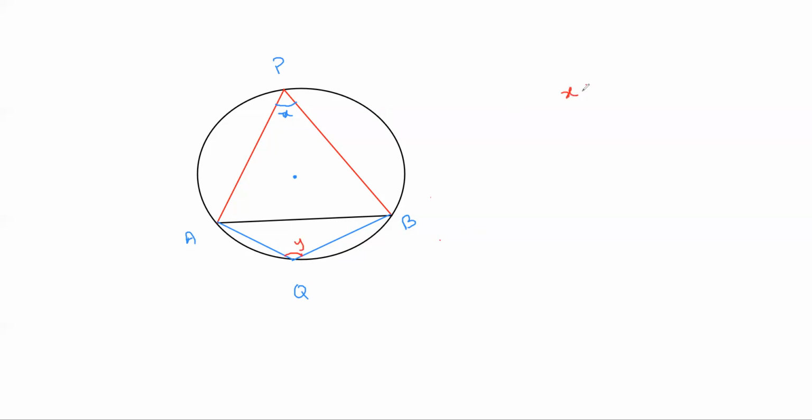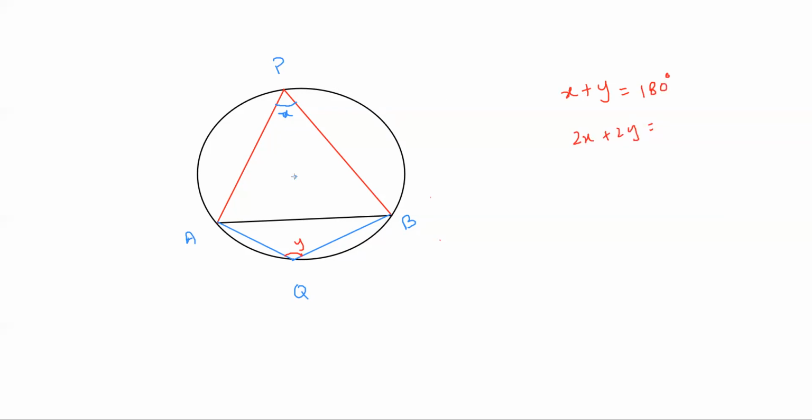So what is X plus Y? You know it well now. What is X plus Y? 180. That is 180. Now, if X plus Y is 180, what should 2X plus 2Y be equal to?